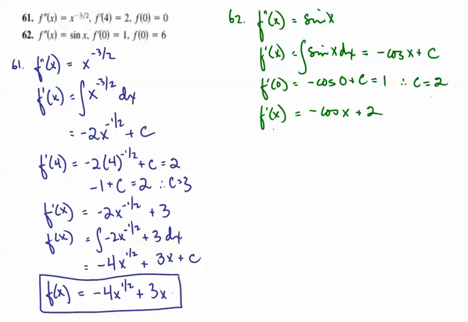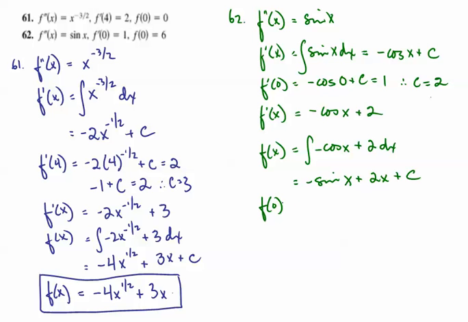And we begin with the second phase. F of x is going to be the integral of negative cosine of x plus 2 dx. And we know that that is equal to, the antiderivative of cosine is sine, so negative sine x plus 2x plus c.